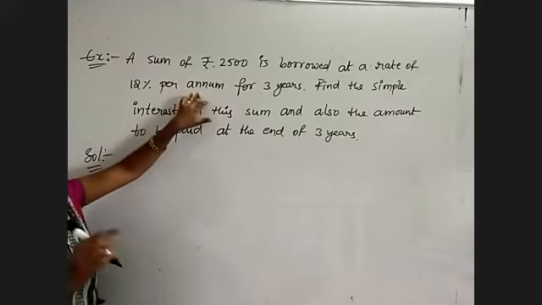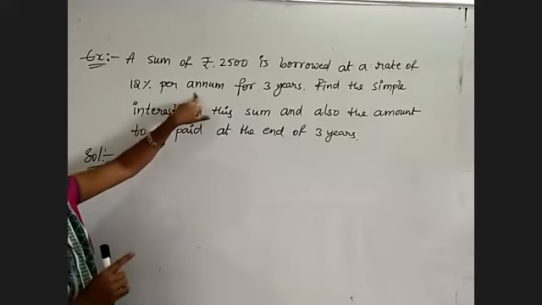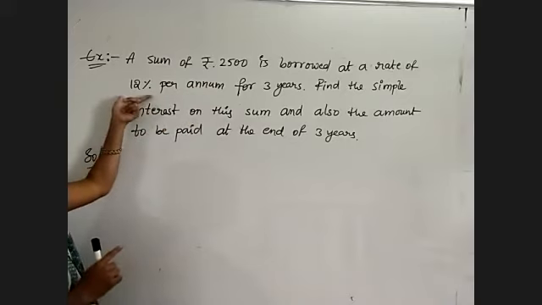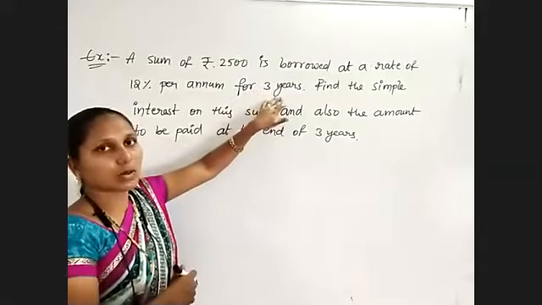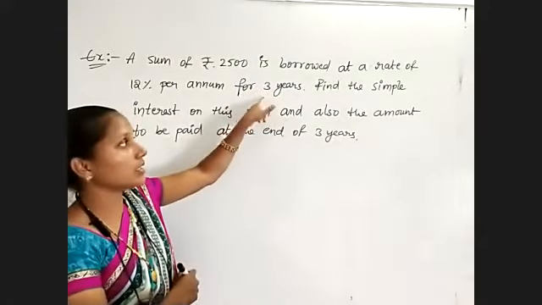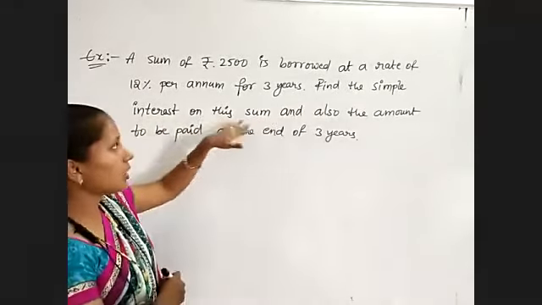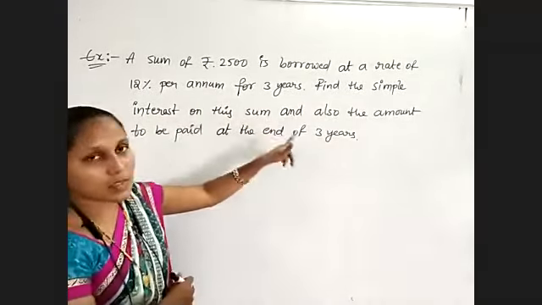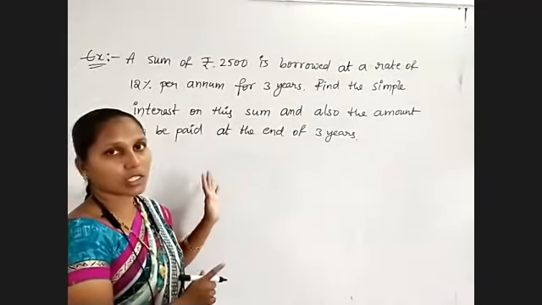Annum means for 1 year. For 1 year the rate of interest is equal to 12%, for 3 years. So the time period is given as 3 years. Find the simple interest on this sum means we need to find the simple interest as well as the amount to be paid at the end of 3 years. Amount also we must find.